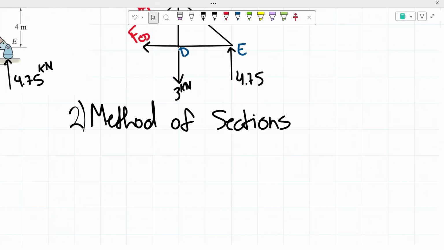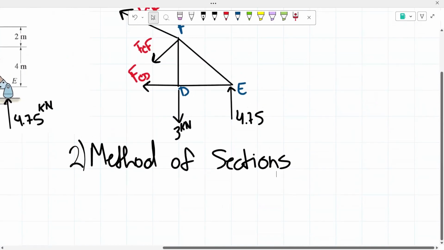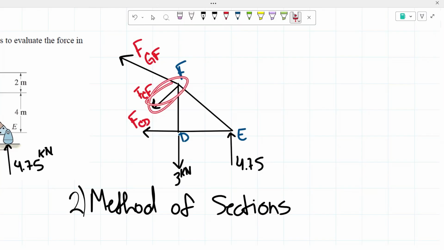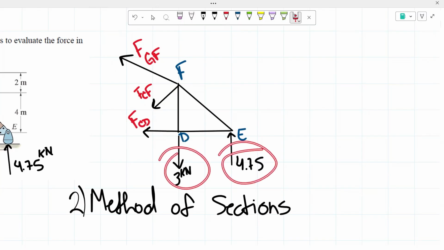My first step would be taking the sum of the moments about point F, because the force of bar CF and the force of bar GF will not be creating a moment about that point. Just the force of bar CD would be creating a moment with the two other forces, meaning that when we take the sum of the moments about point F, we would be able to solve for the force of bar CD.